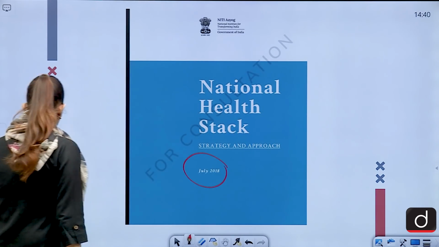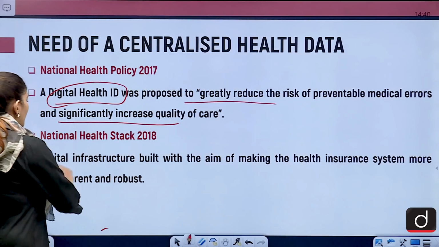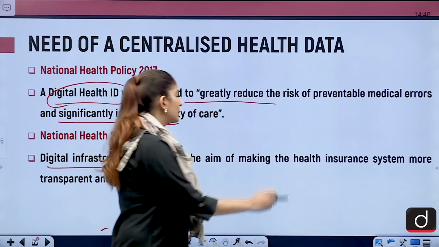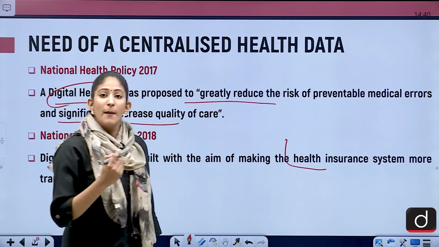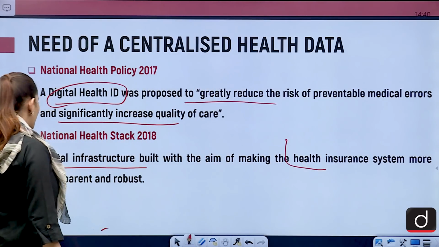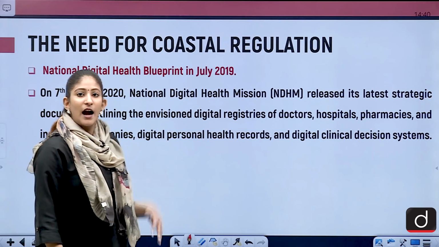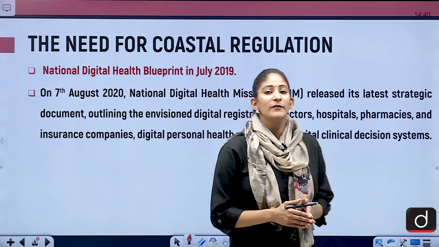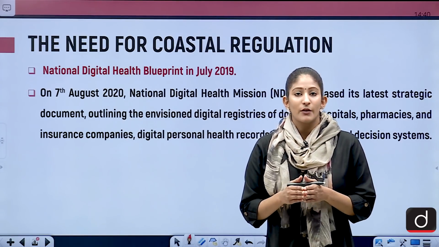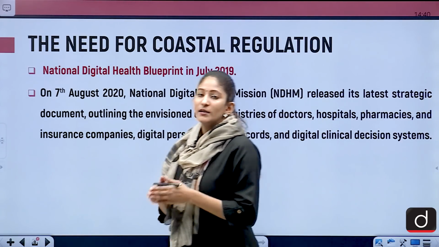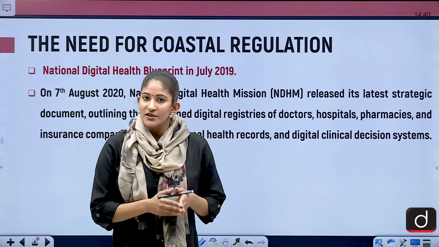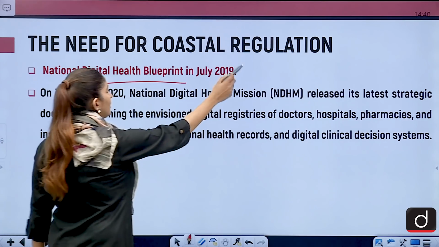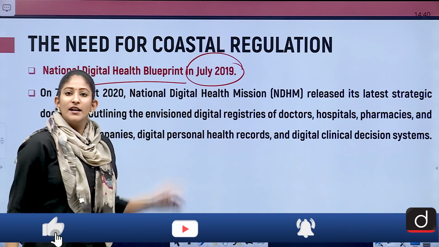So this was the National Health Stack's aim. And if we talk about it, the digital infrastructure was built with the aim of making the health insurance system more customized, more transparent and robust. Then after that, a committee headed by the Unique Identification Authority, UIDAI, was formed and it suggested a National Digital Health Blueprint in July 2019.